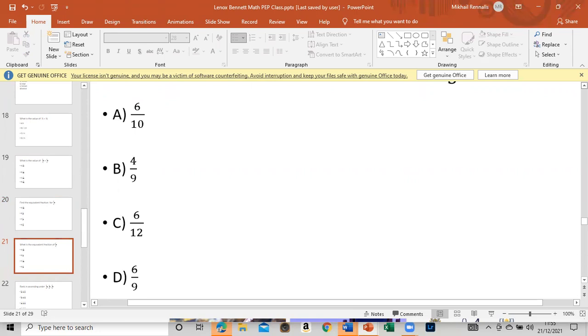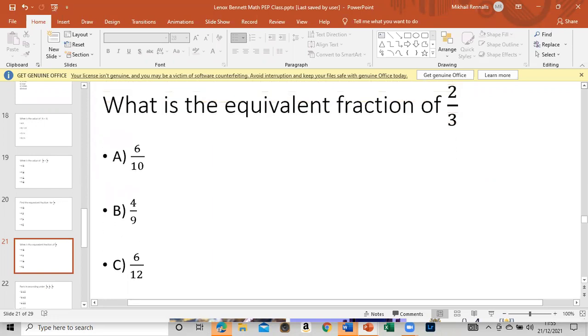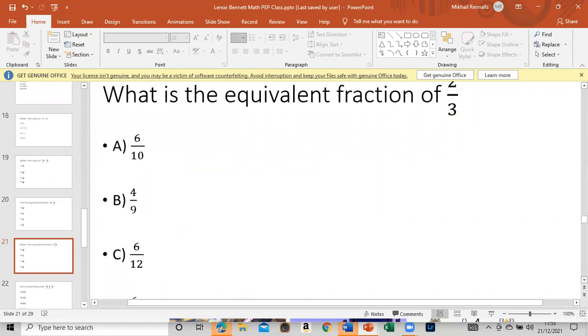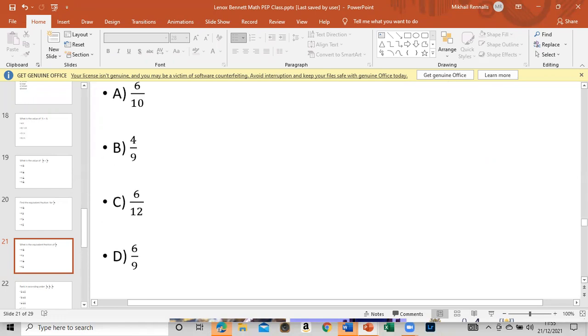Which of these fractions, when you break it down to its lowest terms, is equivalent to 2/3? Go, guys. 6 over 9. Oh, you got that. You want to share? Multiply both by 3. So 2 times 3 is 6 and 3 times 3 is 9. Awesome job. So it is indeed 6 over 9.